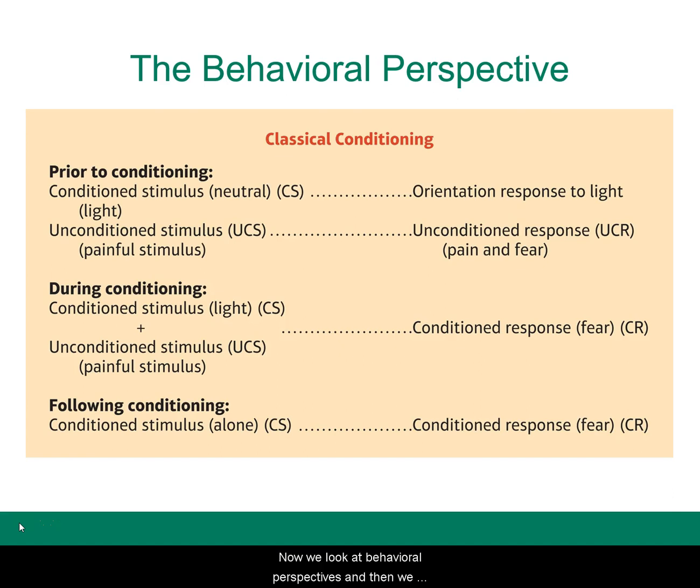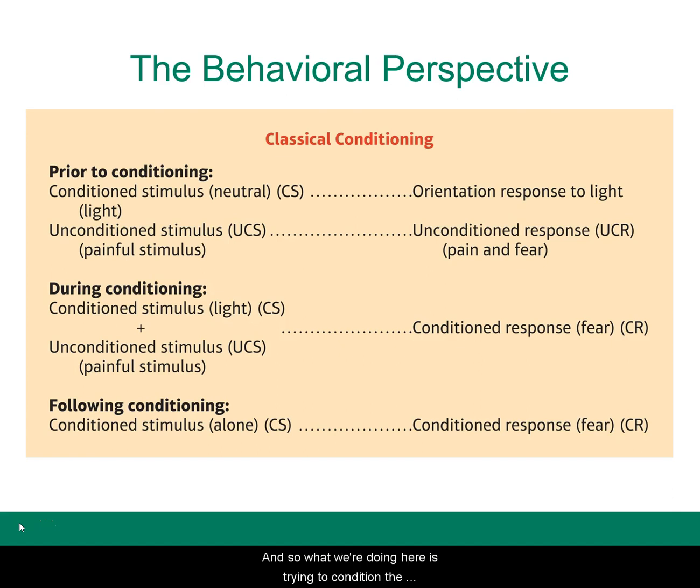Now we look at behavioral perspectives, and then we move on to classical conditioning. Many of you are familiar with Pavlov's dogs and salivation, but here you have a conditioned stimulus, which is the light, with an orientation response to the light, and then you have an unconditioned stimulus, which is a painful stimulus, which is causing an unconditioned response. So there's no training or conditioning required from an unconditioned painful stimulus to an unconditioned pain response.